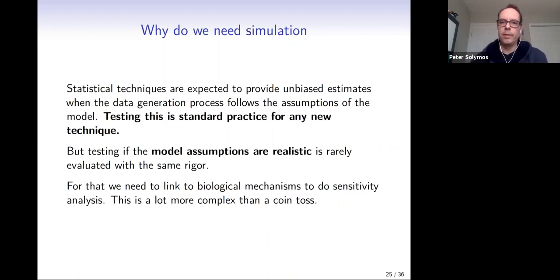So if you think about the classic example in textbooks, you talk about a coin toss, right? When you introduce the simplest distribution of all, binomial, 0 or 1 with probability P, you make a coin toss, is it head or tail?